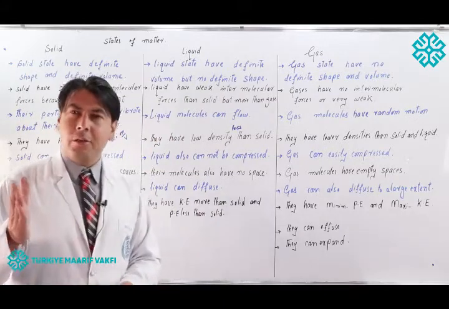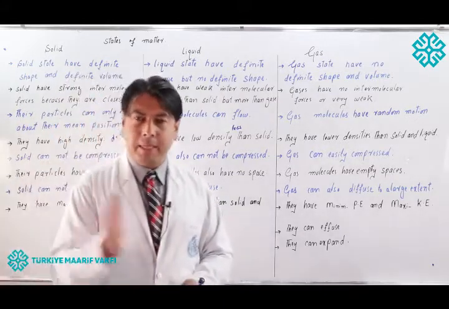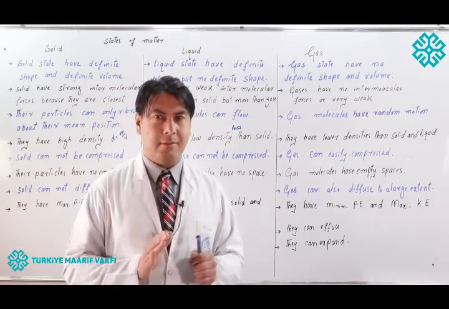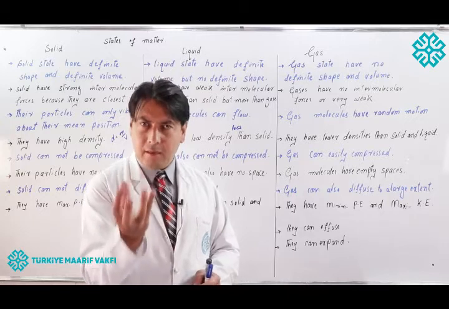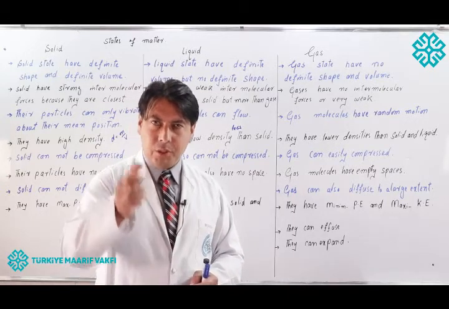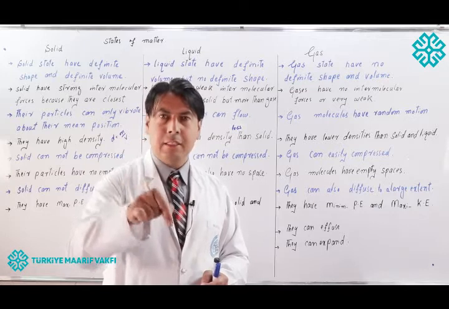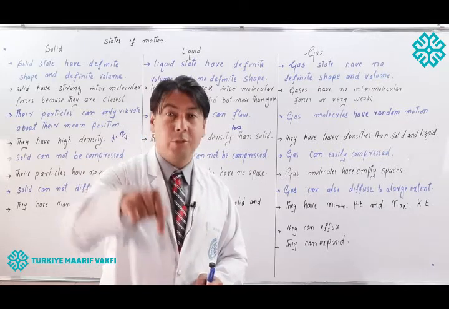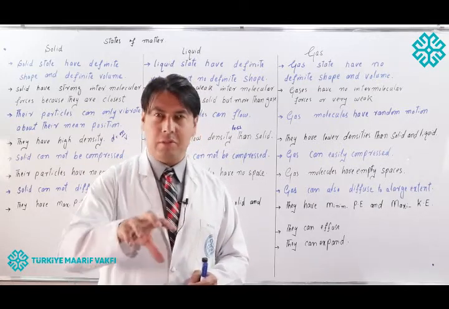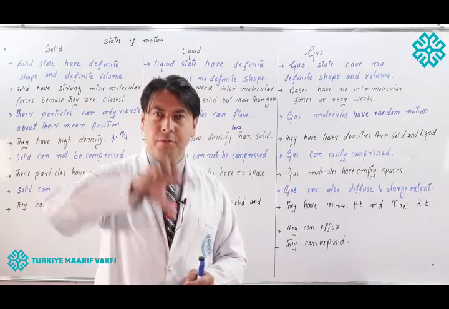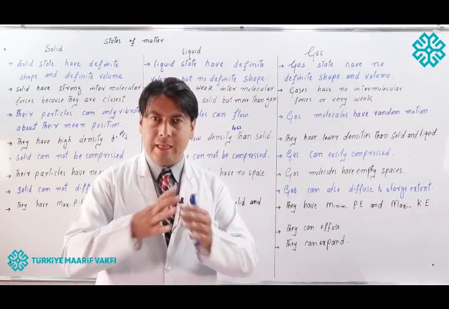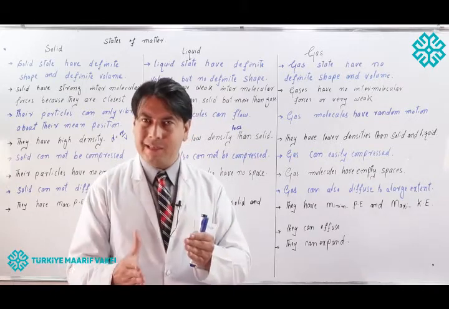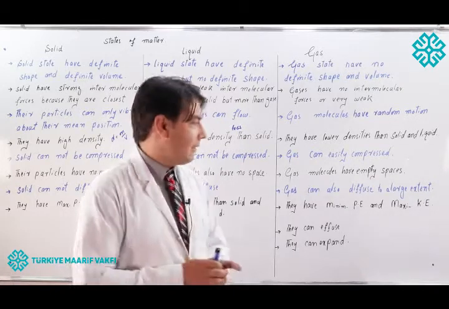For example, if we take a glass of water and pour a drop of ink into it, the ink will diffuse in the water. This is called diffusion, from the region of higher concentration to a region of lower concentration.